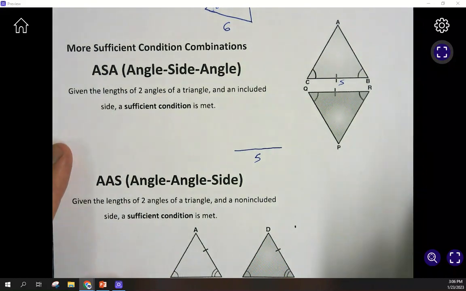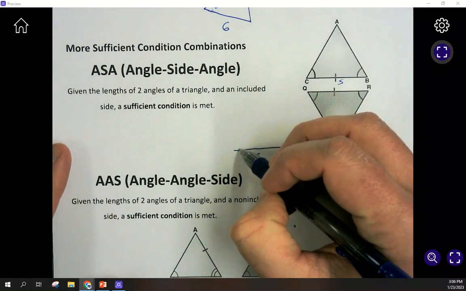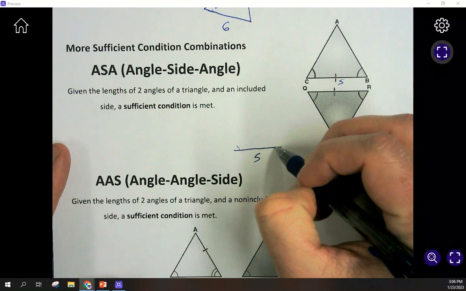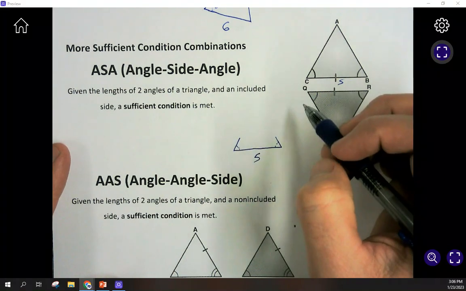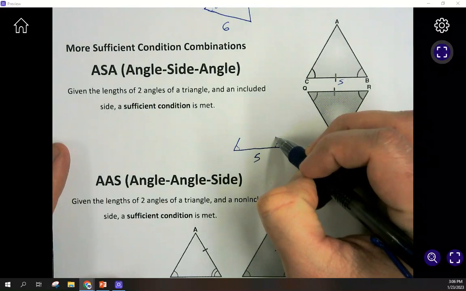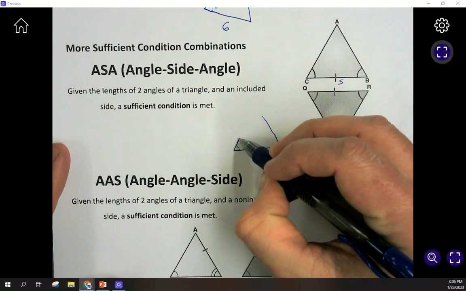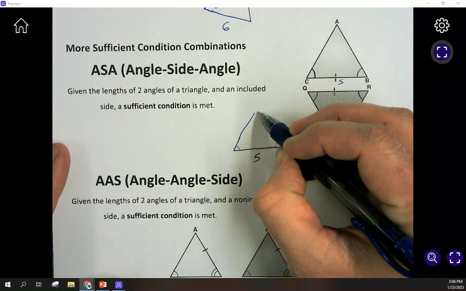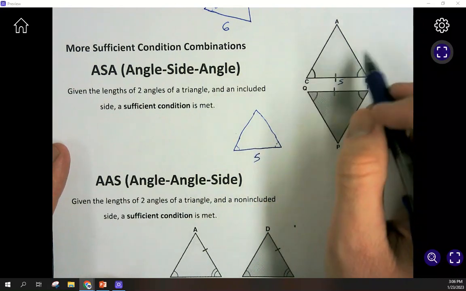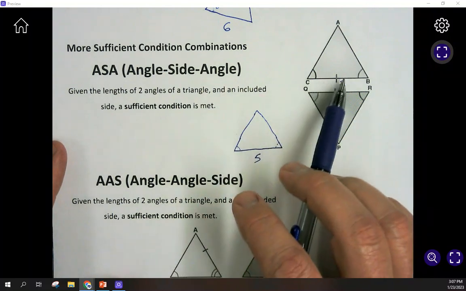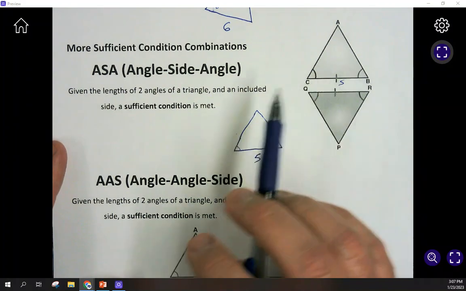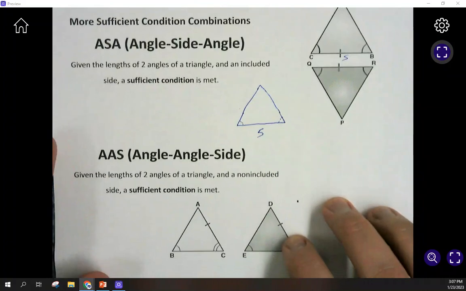I draw a line at 5, and then using a protractor, I match this angle and I match this angle. Well, there's no way for me to come up with multiple combinations of triangles here. These two sides are going to extend until they meet. And so those two sides are going to match the two sides of the original. So angle side angle, again, has to be the included side. So between those two angles, that is a sufficient condition.